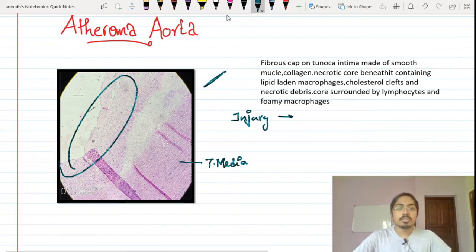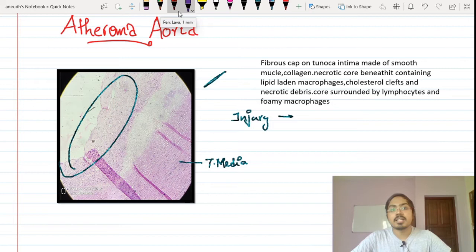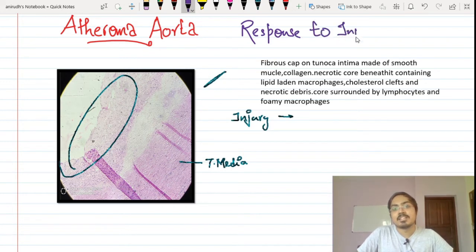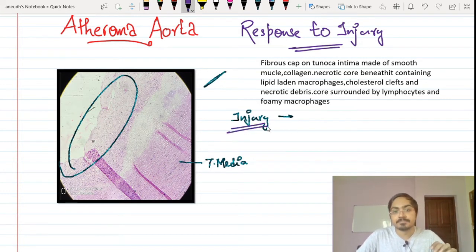Atheromatous plaque. Now the pathogenesis of atheromatous plaque is explained by a very important hypothesis called the response to injury hypothesis. The event that starts the atheromatous plaque formation is injury to the endothelium.